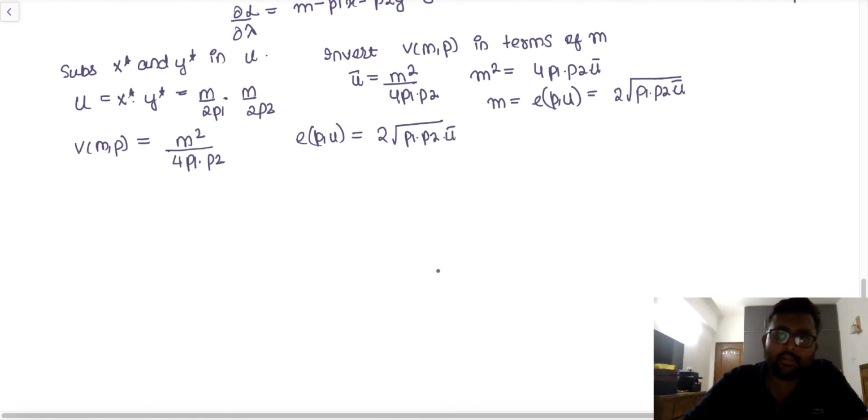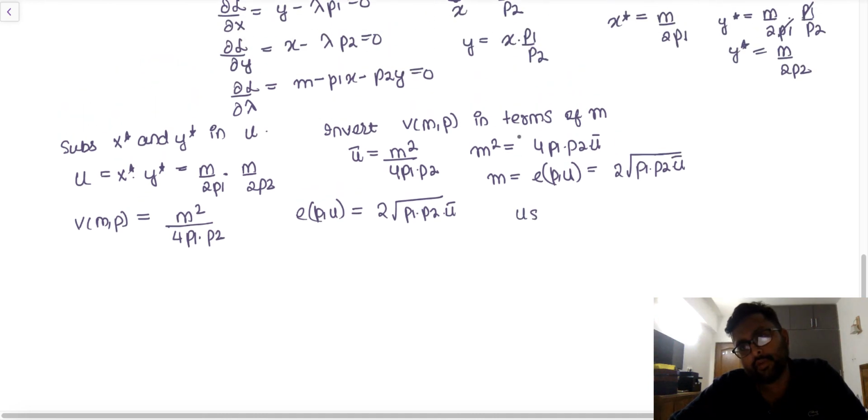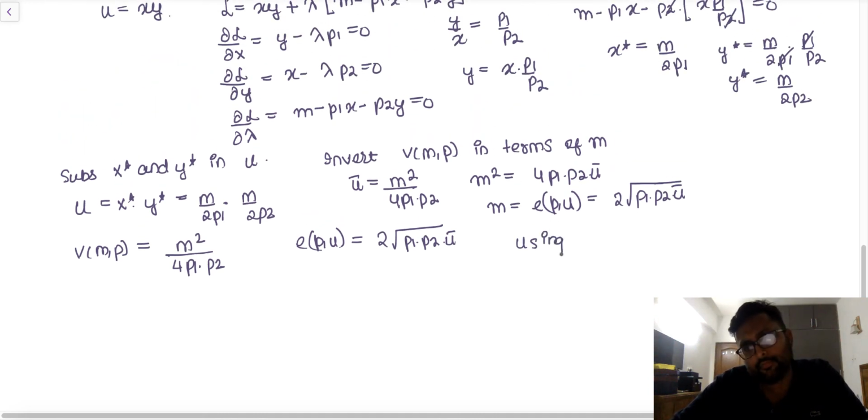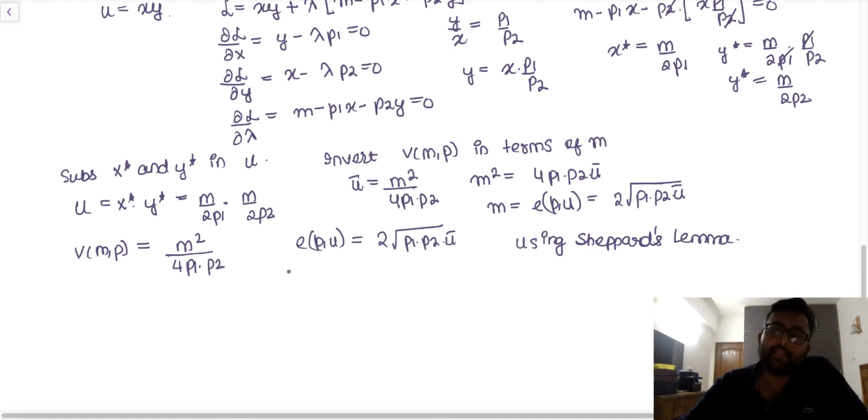For that you need a different approach. You will have to use Shephard's lemma. What does Shephard's lemma tell you? If you differentiate the expenditure function with respect to the first good's price, you get the first good's Hicksian demand function. If you differentiate the expenditure function with respect to the second good's price, you get the Hicksian demand function for good 2.